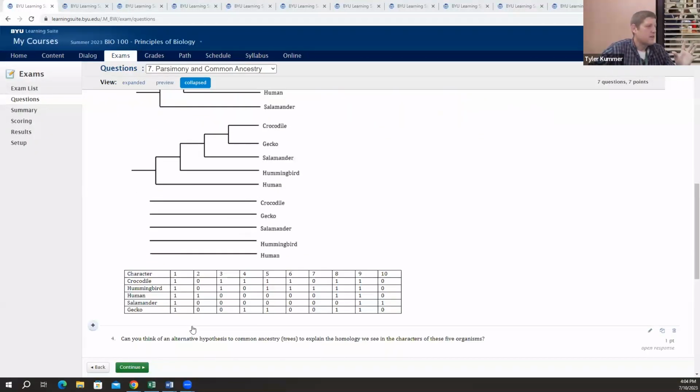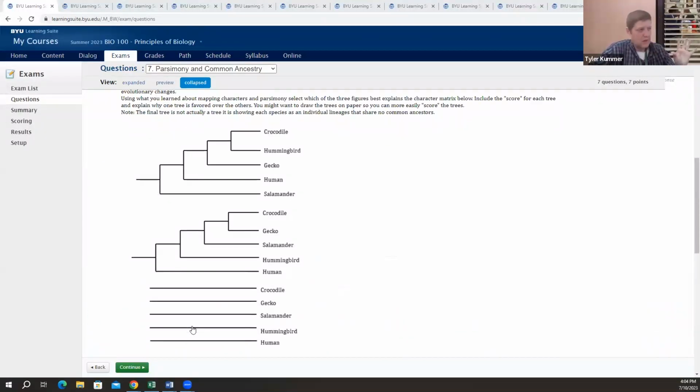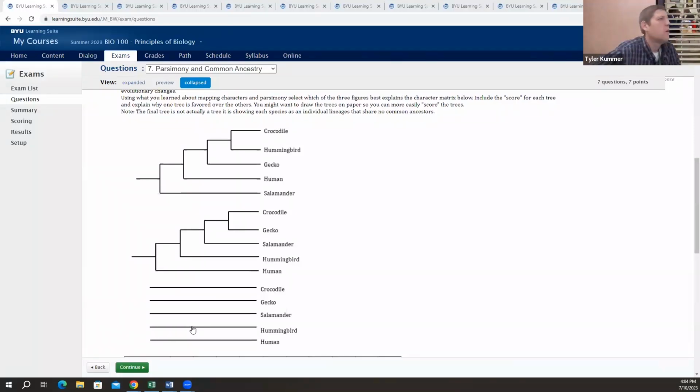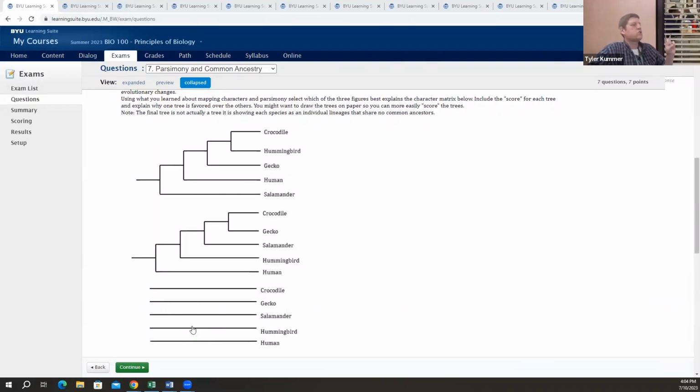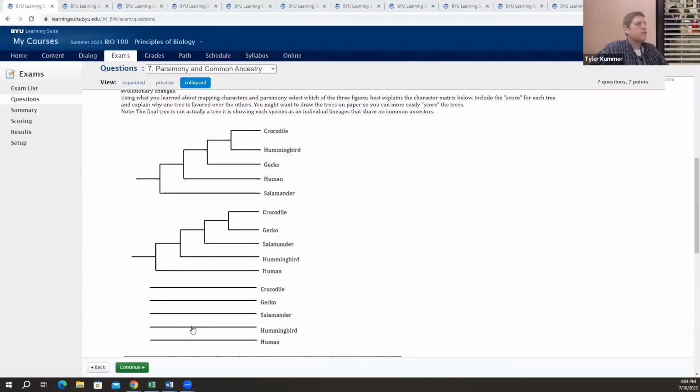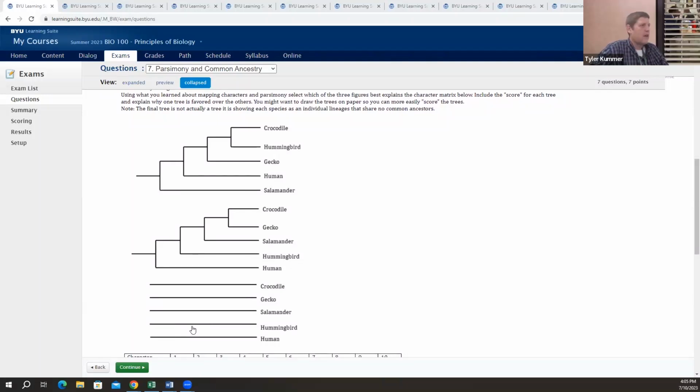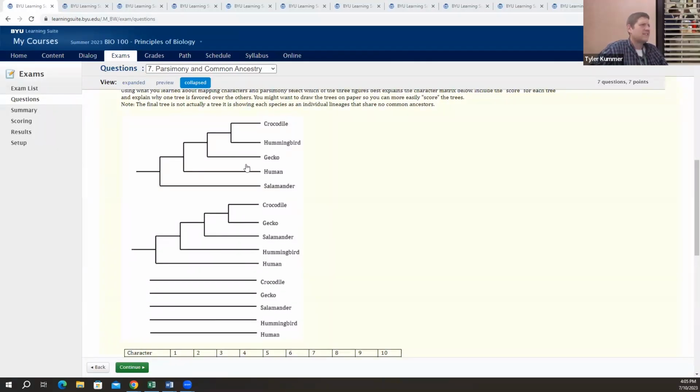Now we're given 3 trees. Well, 2 trees and a non-tree, really. And we're asked to figure out which one would have the lowest score, which one would have the fewest number of evolutionary events required. The one that has the lowest score is the one that is the most likely to have occurred. If we look at this, it has 2 main differences. This one has crocodile and hummingbird as sister to one another, and then those 2 sister to gecko.